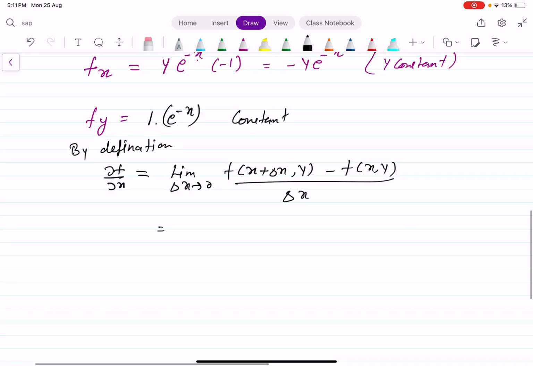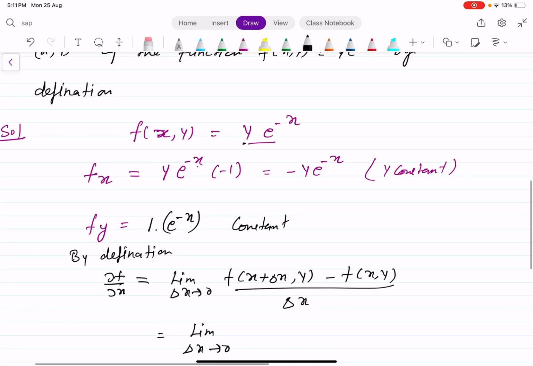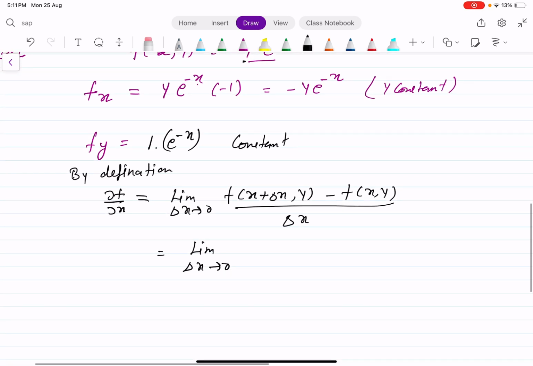Here the value of f(x, y) is y e raised to minus x, but x is now x plus delta x, y as it is, minus y e raised to minus x.